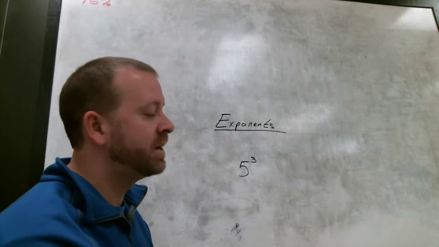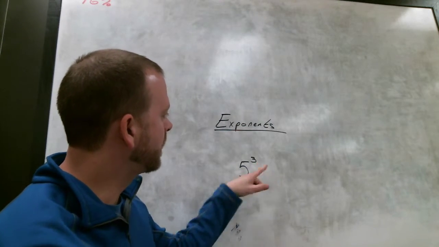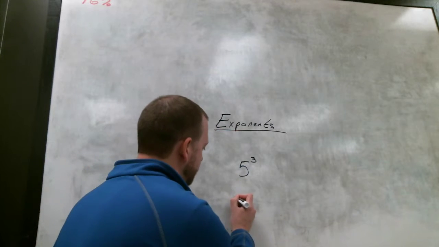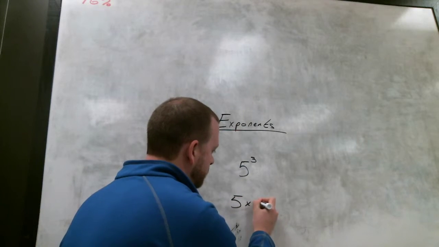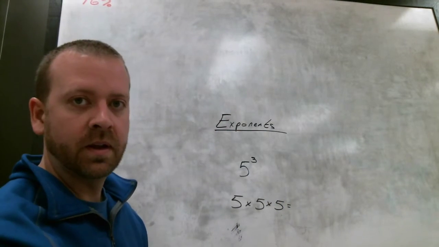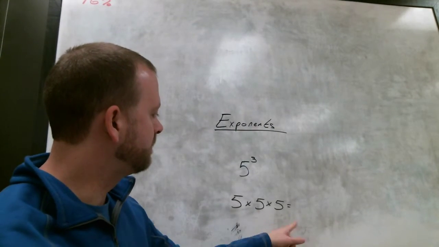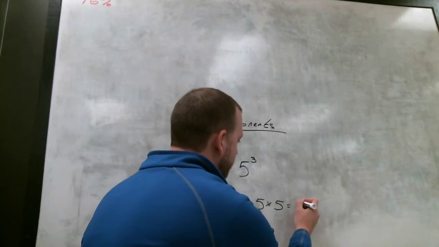The exponent tells us how many times we're going to do that. So I take my base, and I look at this number, and I think, okay, I'm going to have this base 3 times. Okay? And then I just work it out. 5 times 5 is 25. 25 times 5 is 125.